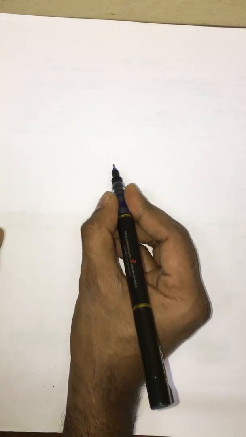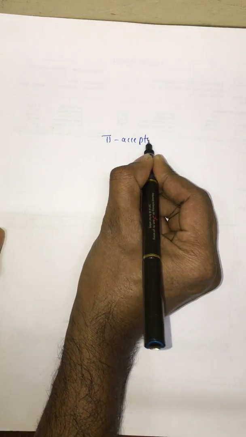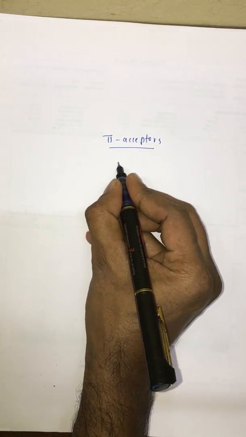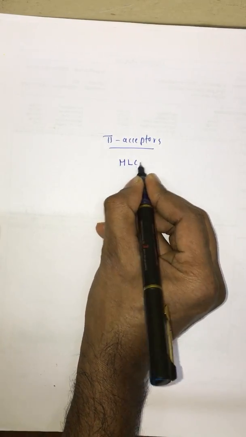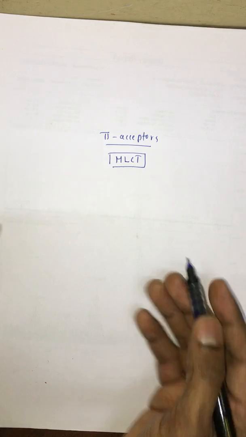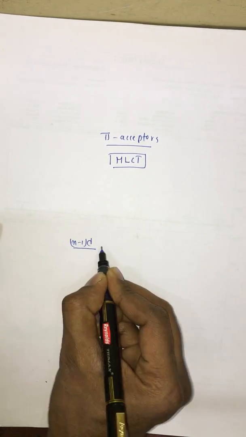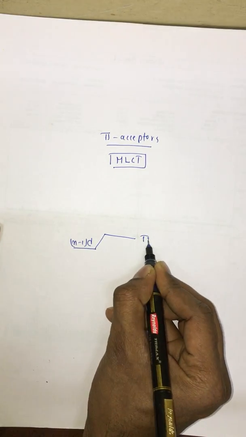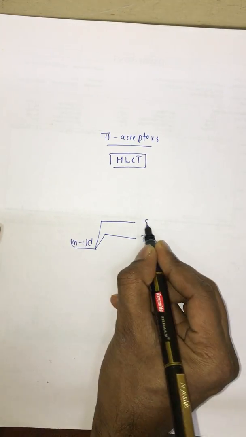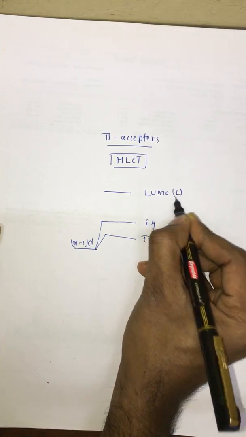So when we have pi acceptors, this pi acceptor shows MLCT, metal to ligand charge transfer spectra. Here it does not matter how many electrons are there. This is n-1 d, this is T2g, this is Eg, and this is the LUMO of the ligand.